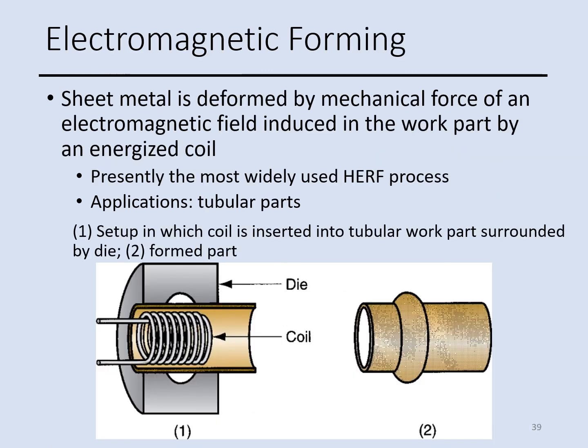The next high energy rate forming process is called the electromagnetic forming process. Here we have a sheet metal that is going to be deformed by the mechanical force of an electromagnetic field that is induced in the workpiece. The coil, as you see in this schematic, is energized by a capacitor and produces a magnetic field.